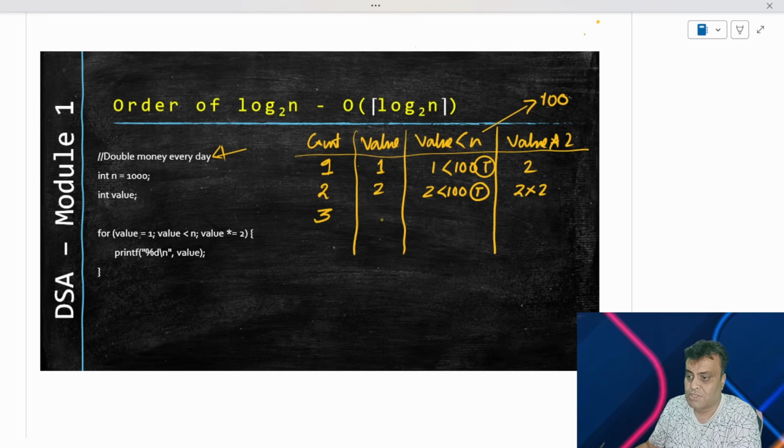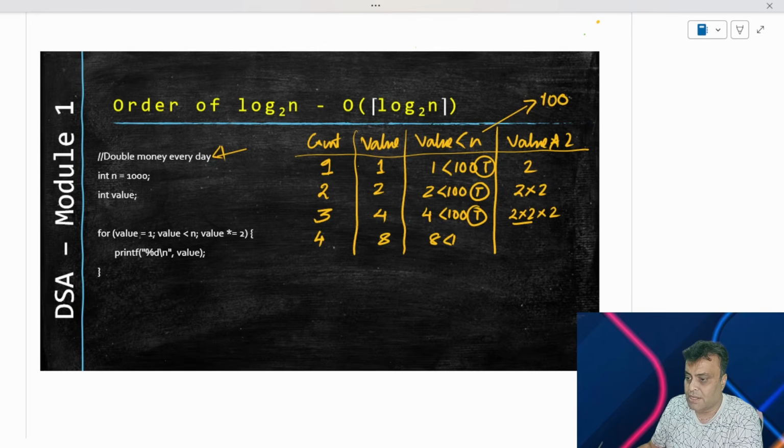Next time the loop runs, the value is already 4, right? And then 4 is getting compared with 100. And this is also true. So this means that this loop will run 2 multiplied by 2, which is 4, multiplied by 1 more 2, right? Next time the loop runs, the value is 8.